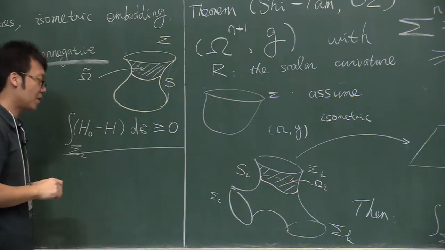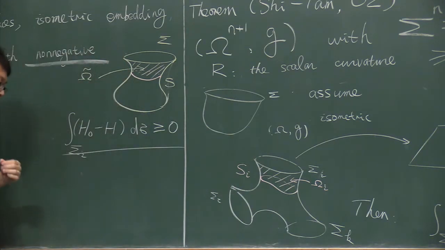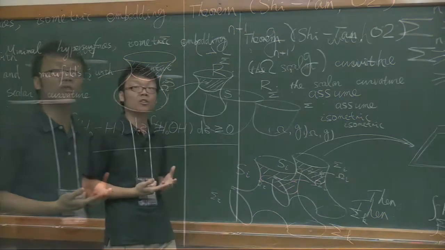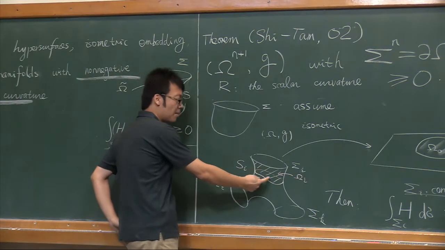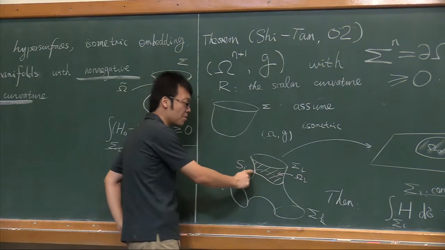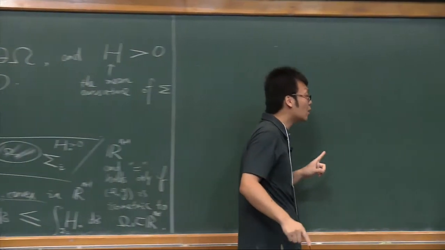Now, this question has a relativistic motivation. Because in a relativistic setting, a minimal hypersurface, at least in the time-symmetric case, would correspond to the apparent horizon of a black hole.